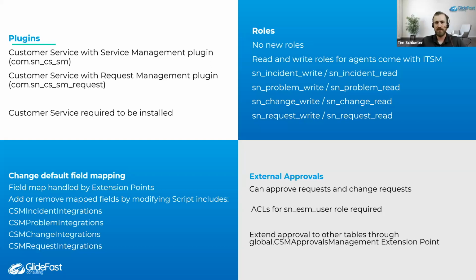And then you need to make sure that you have the ACLs to allow approval on the change or request records for any user with the SN ESM user role. That role is what's included with customer admin, partner admin, customer or partner. So any external user, right, that has a role. And then if you want to extend that ability to approve for external users to other tables, that's also handled in the extension point, the global.csm approvals management.